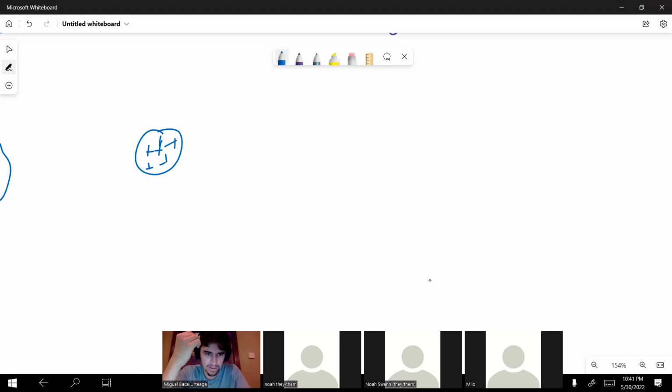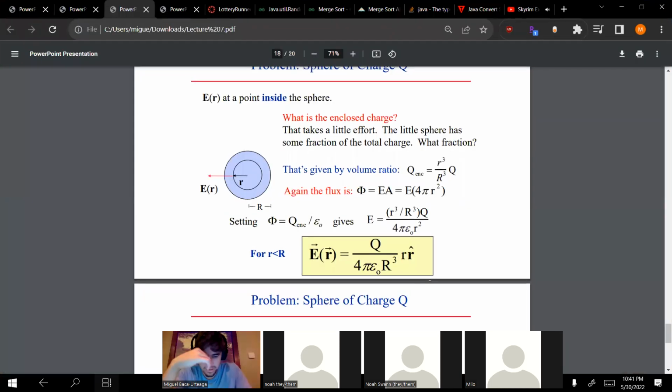So it looks like the only difference is that they're coming up with an equation for the enclosed charge, right? You would agree with that? Yeah. So it looks like the differentiation between the radius and the little r is that the little r is the Gaussian surface inside the sphere of charge, and then big R is the whole sphere.